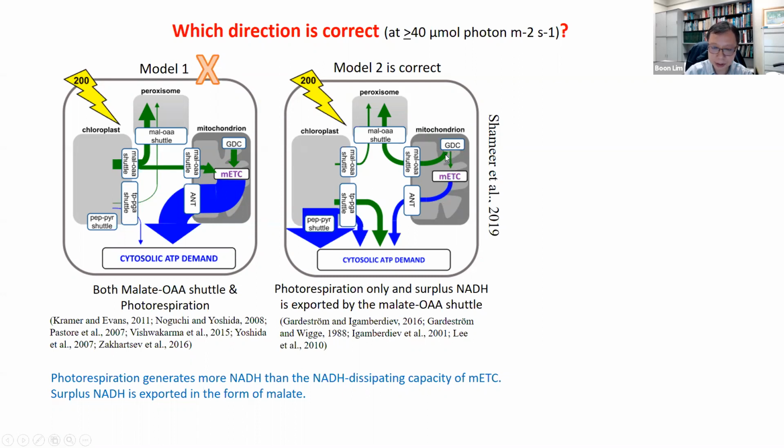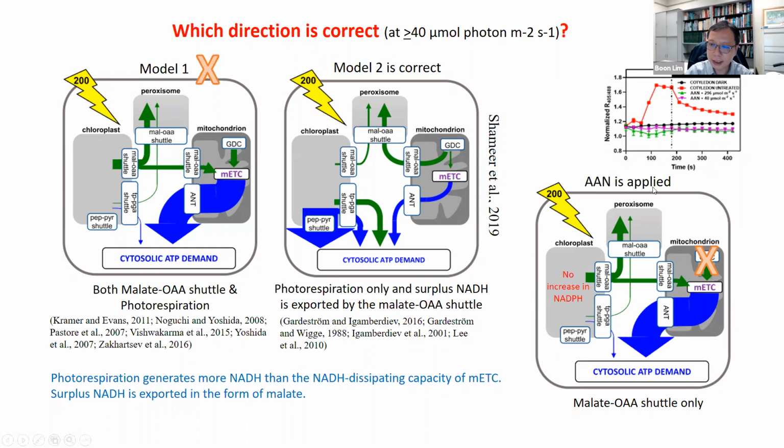But there is a surplus of NADH that has to be exported through the malate-OAA shuttle to the cytosol. So the direction of the malate-OAA shuttle is export of malate from mitochondria, but not the import of malate from the cytosol into mitochondria.